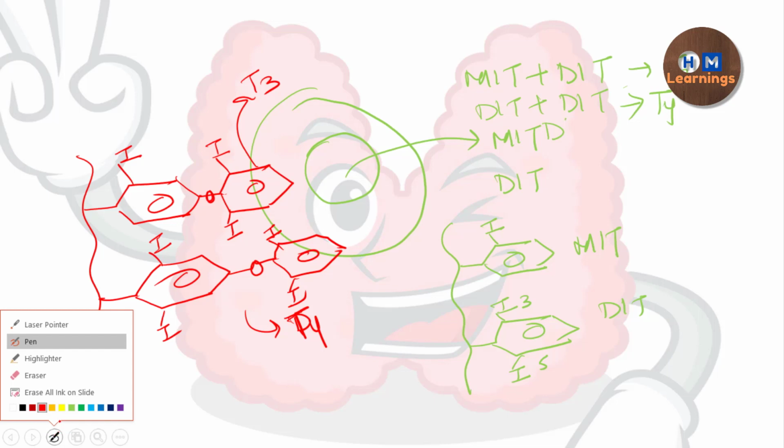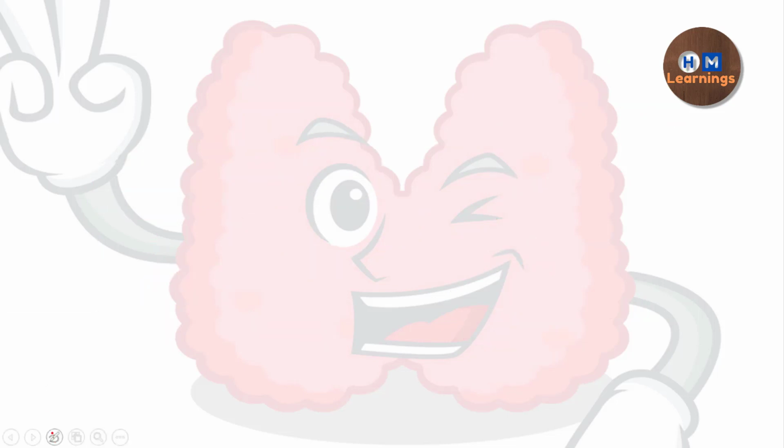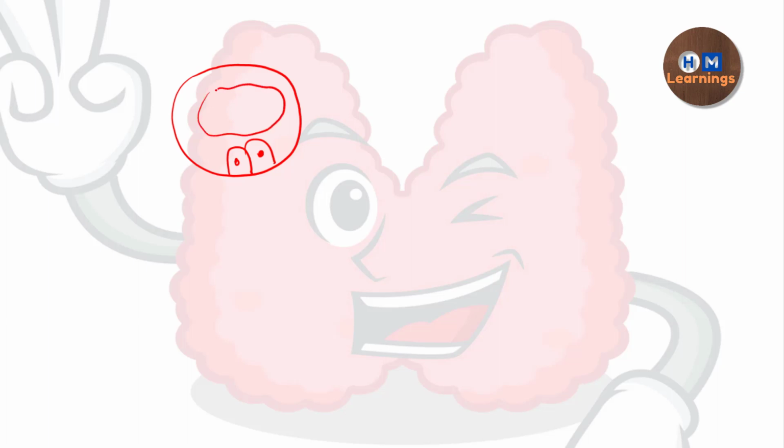So again I will draw the thyroid follicle. This is the thyrocyte. This is the colloid. In the colloid you have thyroglobulin, which is attached to T3 and T4. Now you have to remember that the T3 and T4, which are attached to thyroglobulin, are present in the colloid until the stimulus comes.